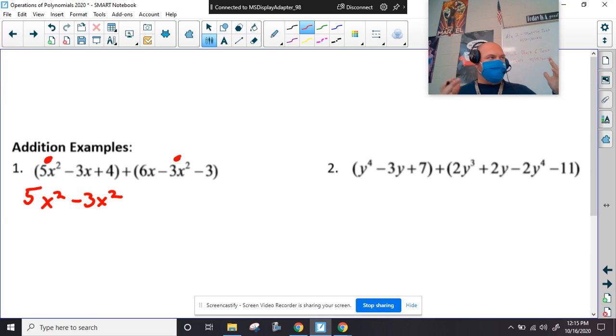That way we know those are the ones that we have to combine. Since that's the squared, I'm going to make a lightning bolt for mine to the first power. And I usually like to underline my constants, our numbers without variables.